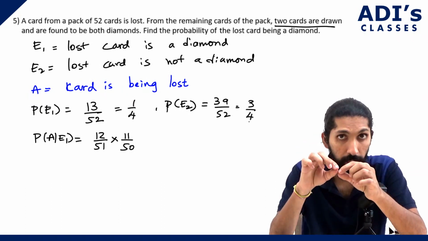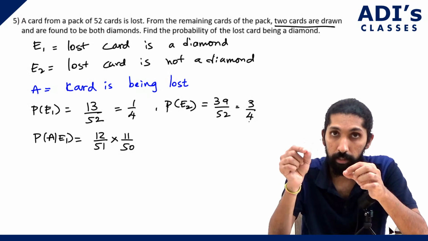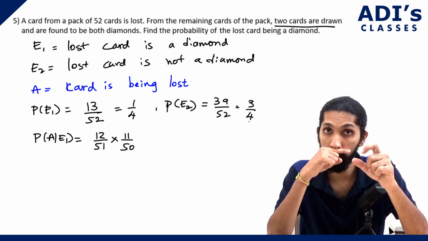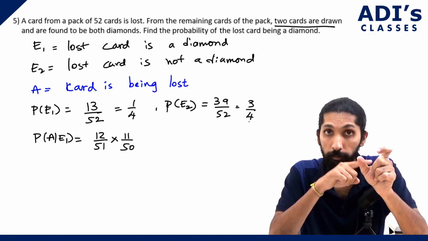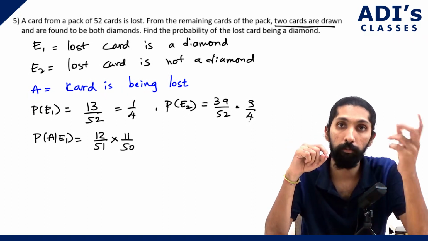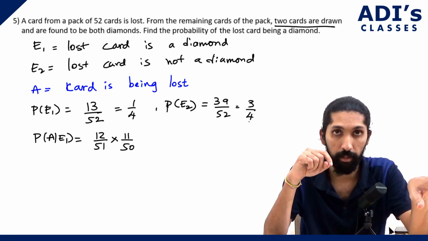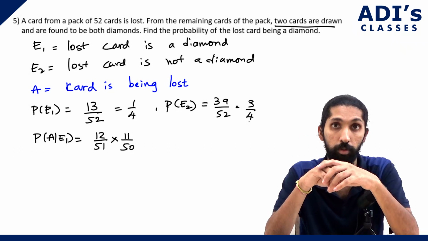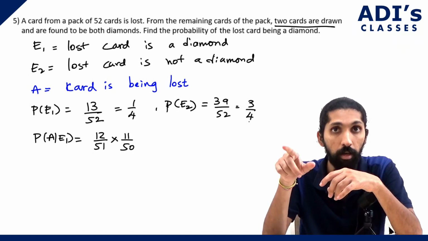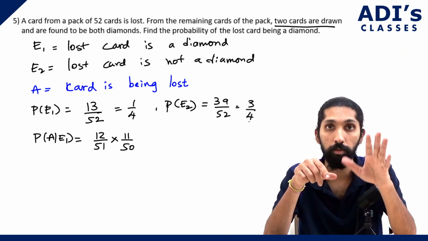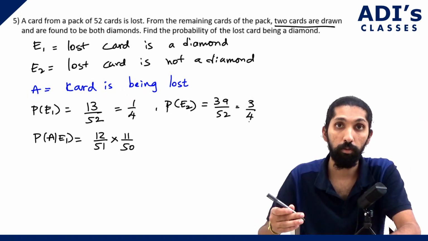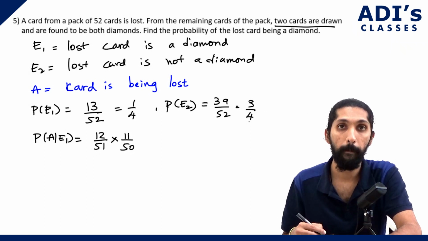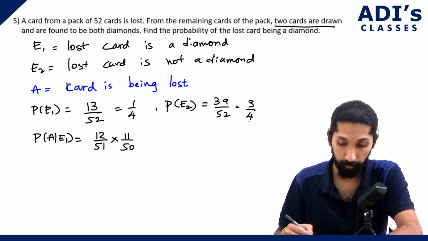So if I remove the first one and it is found to be diamond, then probability would be 12 by 51, because now there are 12 diamonds out of a total of 51. You remove that. Well and good, you keep it aside. Now how many diamonds are there? 11. So you are going to have 11 out of 50, because you have already removed one. So what are you going to have now? 12 by 51 into 11 by 50. I hope this is clear.